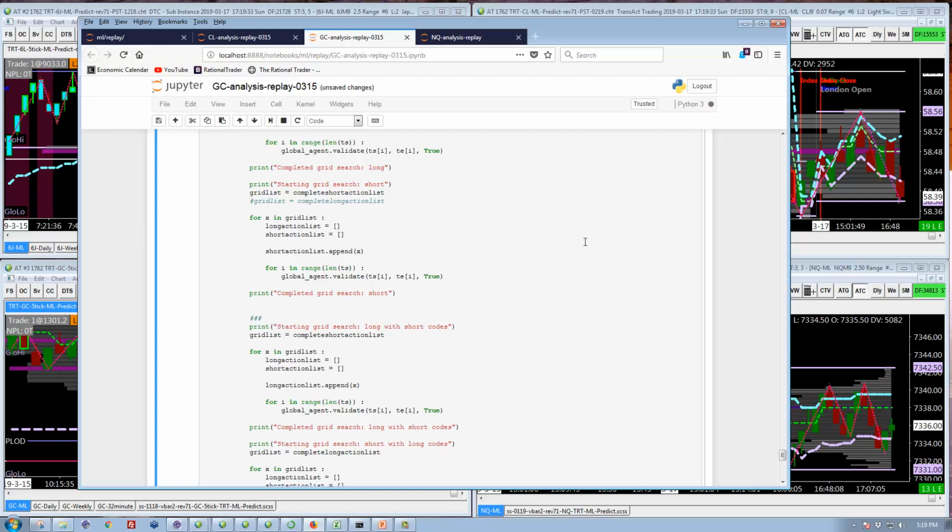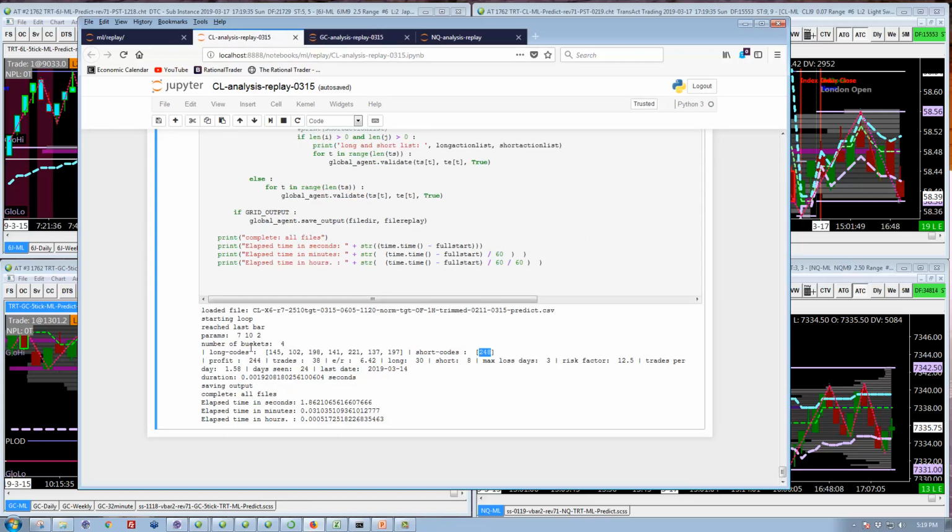So for oil, what was it? It was 10. So 10 is 1.5 trades a day on a reasonable number of codes, mostly longs, so clearly the patterns of the last 5 weeks that we can see are long. Or is it 11, where it's much less, but presumably of much higher quality.